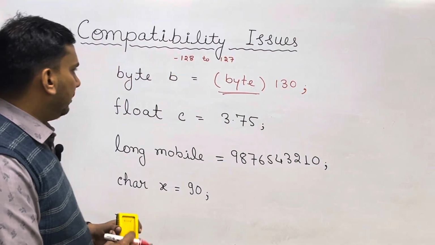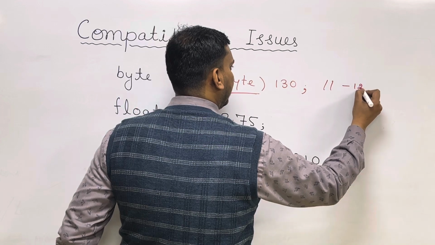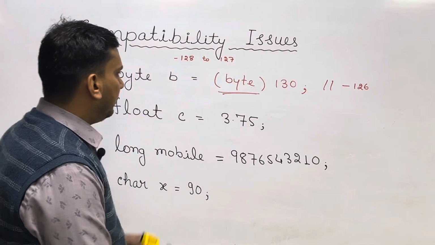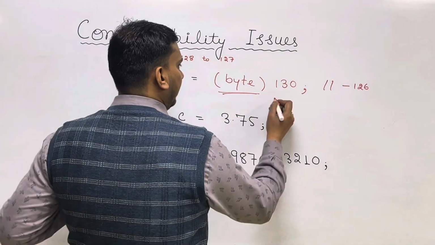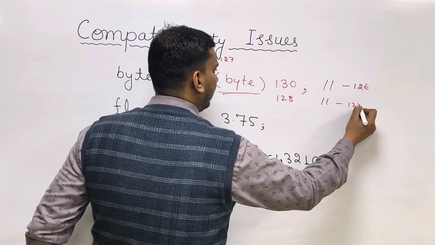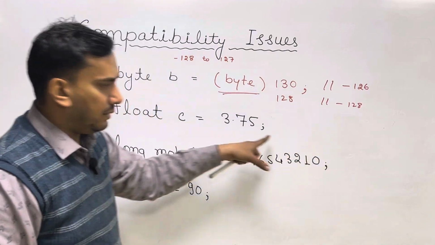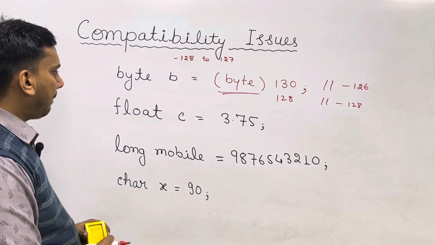So here the output will give you minus 126. Similarly, if you write here 128, 128 will give you minus 128 as per the number line. 127, then it will come here minus 128.